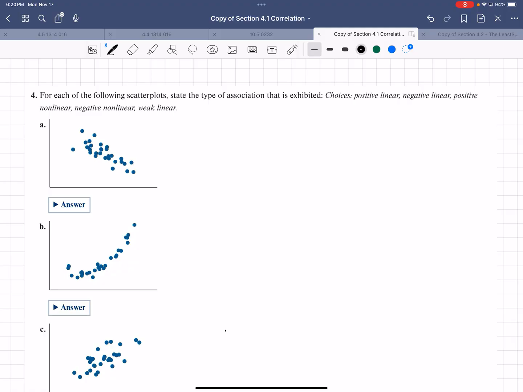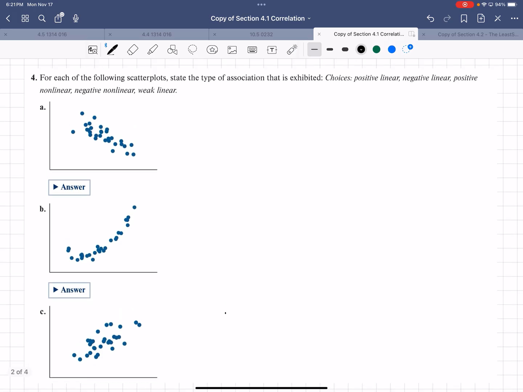For each of the following scatter plots, state the type of association that is exhibited. We're going to choose from positive linear, negative linear, positive nonlinear, negative nonlinear, and weak linear. Well, what do you think about A? Negative, what kind? Linear, good.